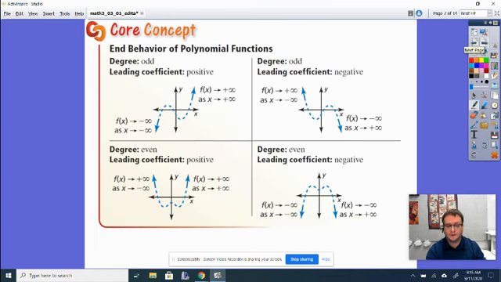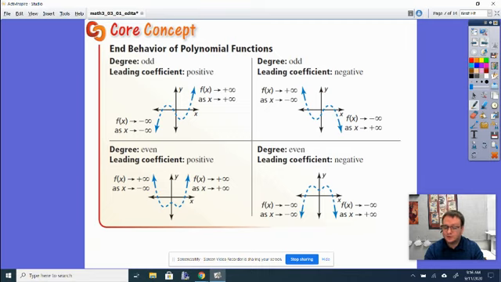Okay. Now, one of the big things I do want you to be able to do in this unit, in this section, is to be able to graph the end behavior of these functions. Really what it's going to come down to is, is your degree odd or even? Actually, let's talk about even first. Even's a little bit easier to see.